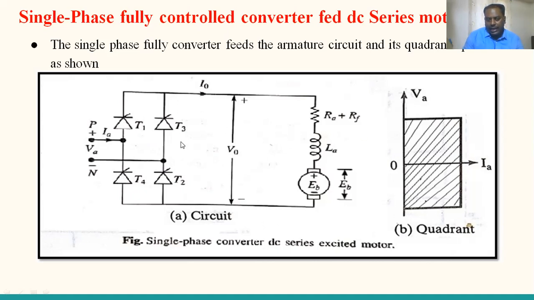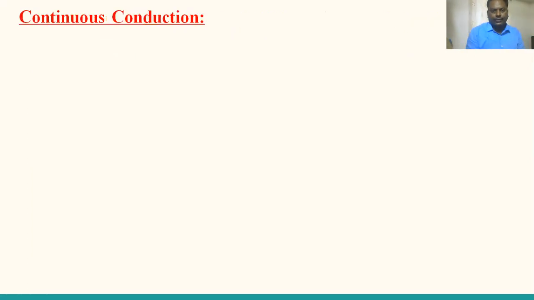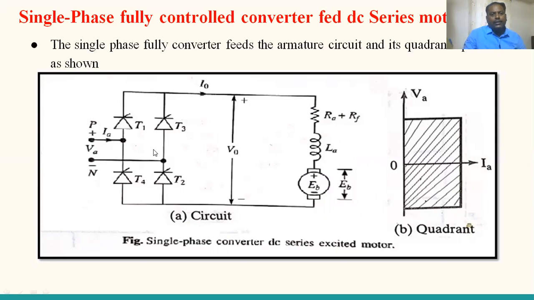It has an ability to allow reversal of power from source to the load, as well as from the load to the source. It is a single phase fully controlled converter.